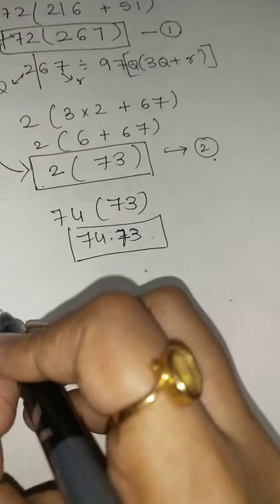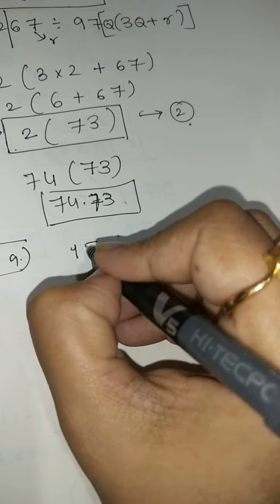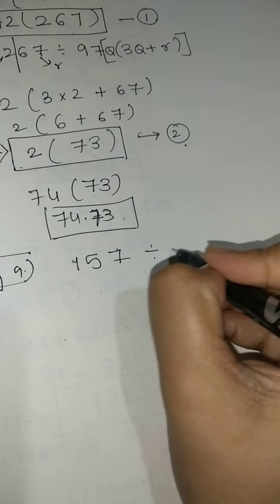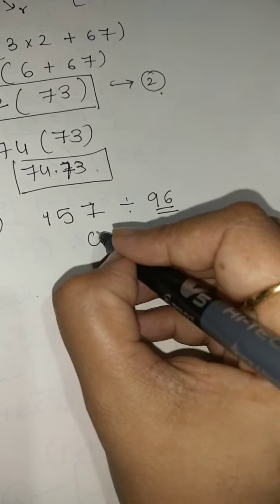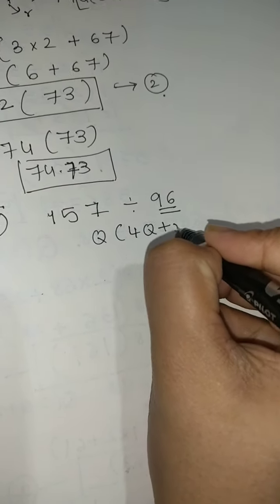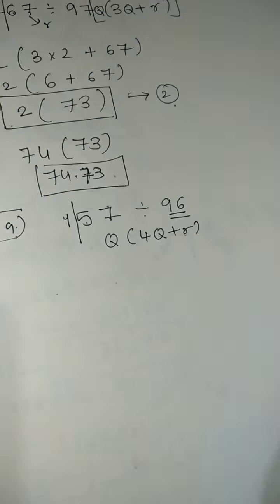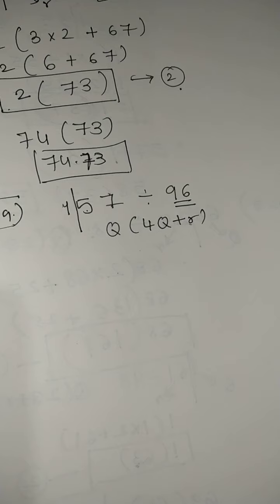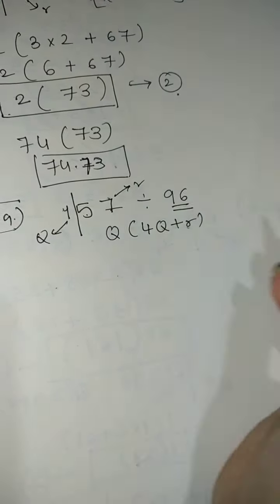Now let's take a 96 example. Our basic example first: 157 divided by 96. Because it is division with 96, our formula is going to be q, 4q plus small r. Now units, tens, I split the number like this, where 1 is q and 57 is your r.